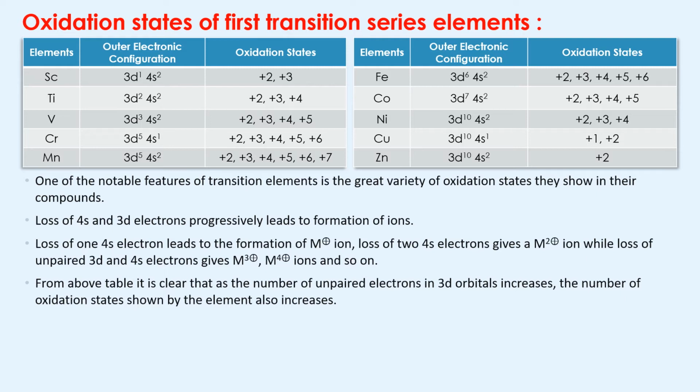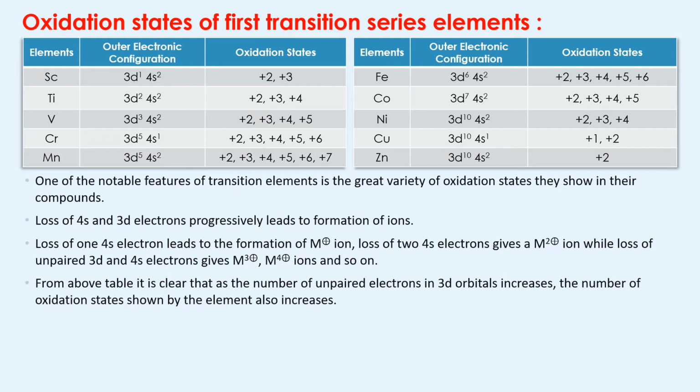Then +4 because it lost 2 electrons from 4s and 2 from 3d. +5 because it lost 2 electrons from 4s and 3 electrons from 3d. So for +7 also there is a loss of 2 electrons from 4s and 5 electrons from 3d. So in this way, why do they show variable oxidation states?